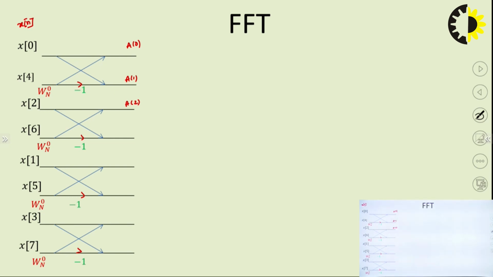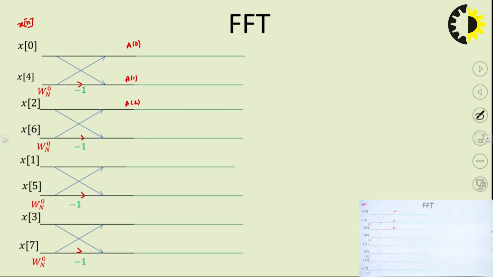Remember, for n is equal to 8, we will have 3 stages. Now we will take 4 components at a time. 4 components means the first will be connected to the third, the second will be connected to the fourth. So this will be like this. Similarly, in the latter 4, index 4 will be connected to index 6, and similarly 5 will be connected to 7.